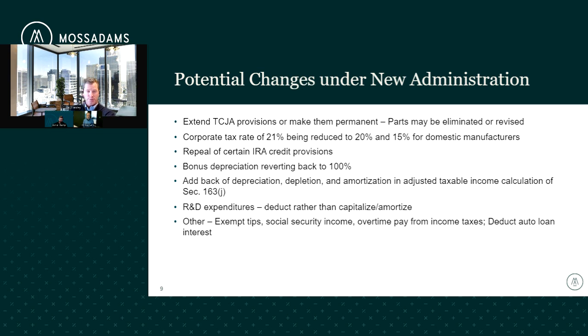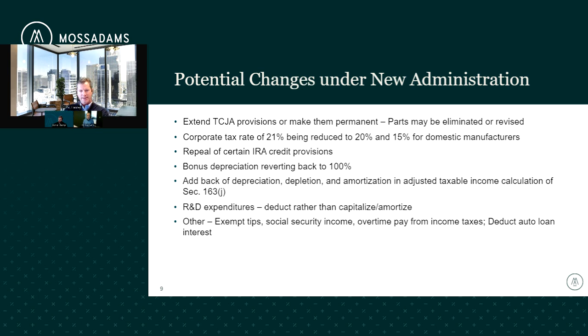Bonus depreciation reverting back to 100%. This is a very significant issue with our oil and gas clients, our midstream clients, and even renewables, in the capital intensive businesses that we're in. This has been anticipated all along, that once the new administration comes in, the first thing they'll look at is reverting it back to 100%.